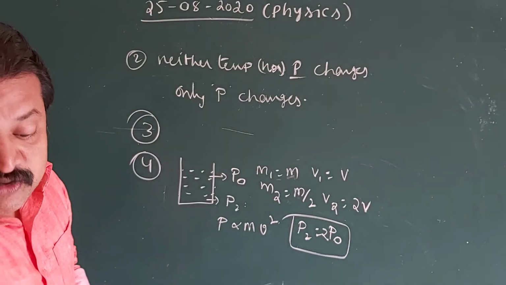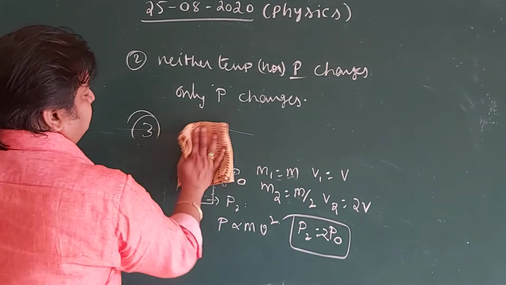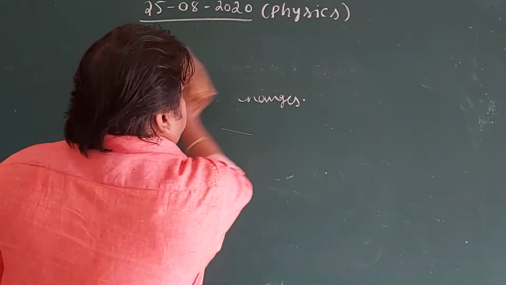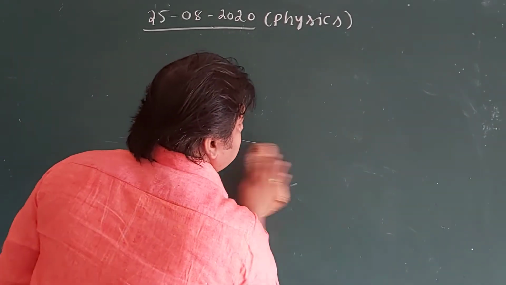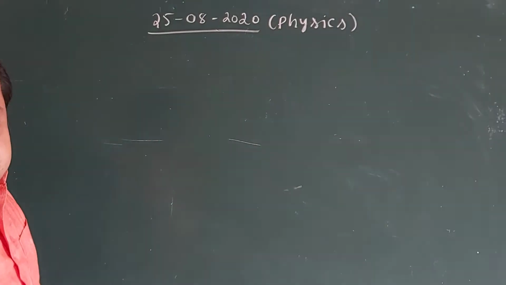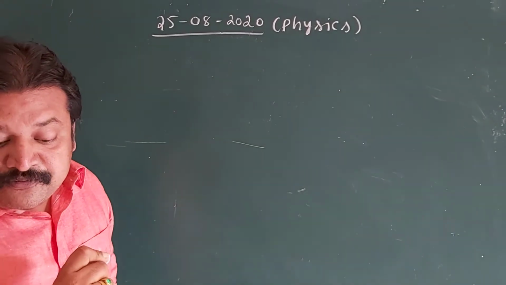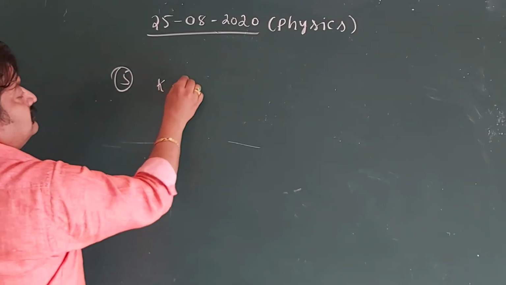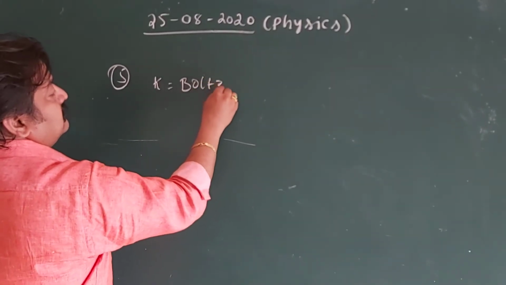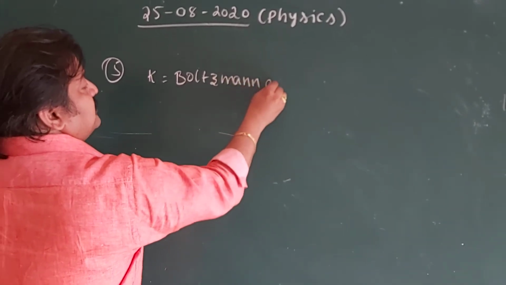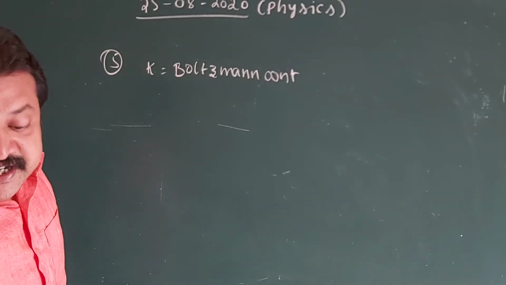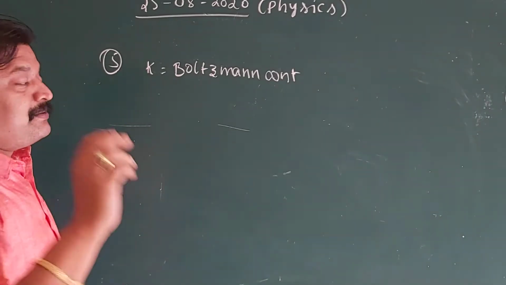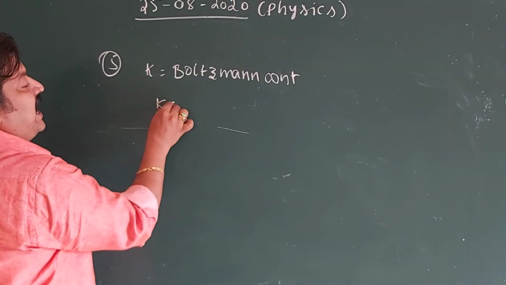Next, have a look at question number 5. Question number 5, the fifth question. If K is the Boltzmann constant, the average kinetic energy of a gas molecule at absolute temperature is, so KE average.